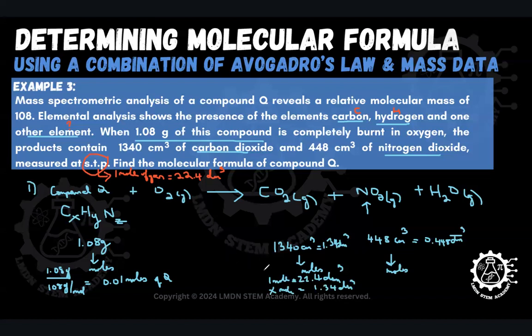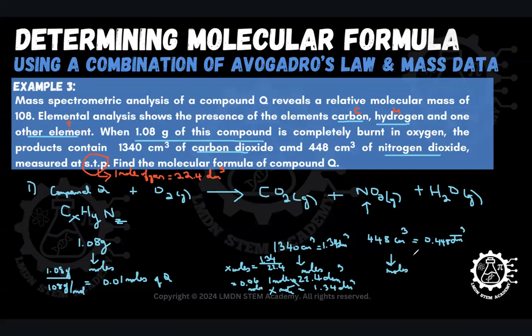If we do our cross multiplication, we're going to find that X moles is equal to 1.34 divided by 22.4, and that's going to get us 0.06 moles.